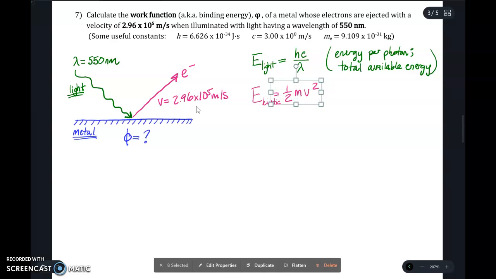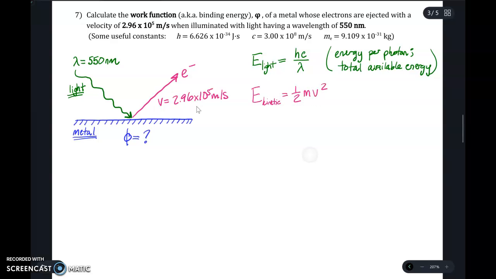Remember, this kinetic energy is the leftover or excess energy, and it's going to be the amount per electron that's being ejected, because it's also a per particle equation in these types of problems.